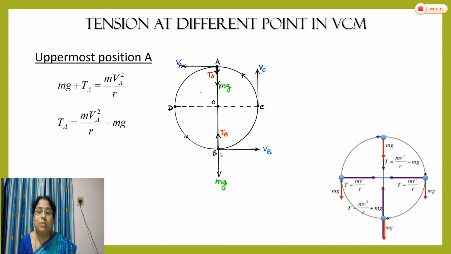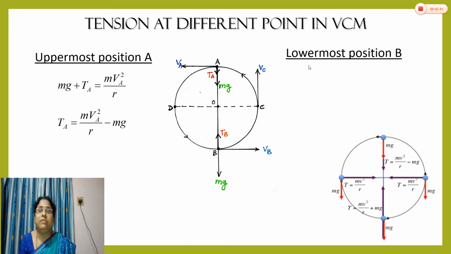Now see the lowermost point B. At the lowermost point B, the tension is directed towards the center along the radius, and the weight mg is directed downward. Both the tension and the weight are in opposite directions. So we can put the equation here. The resultant of this tension Tb and the weight mg will again provide the centripetal force.